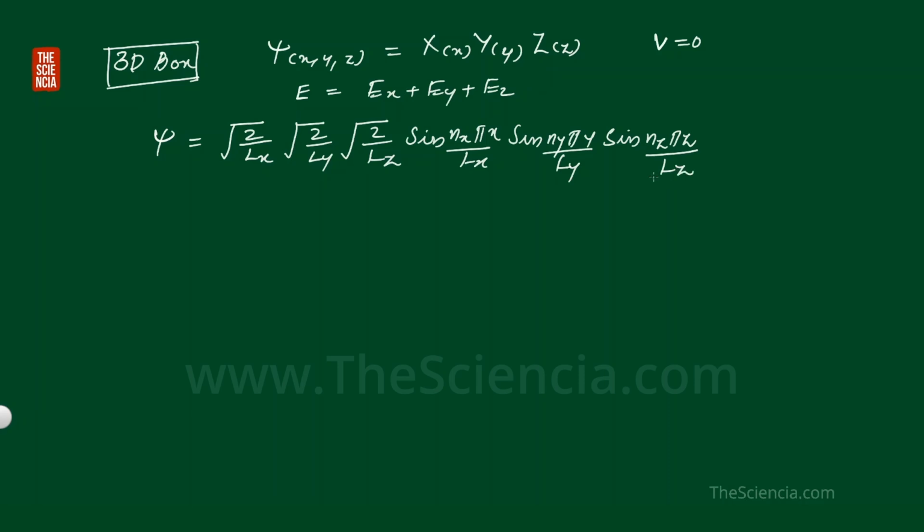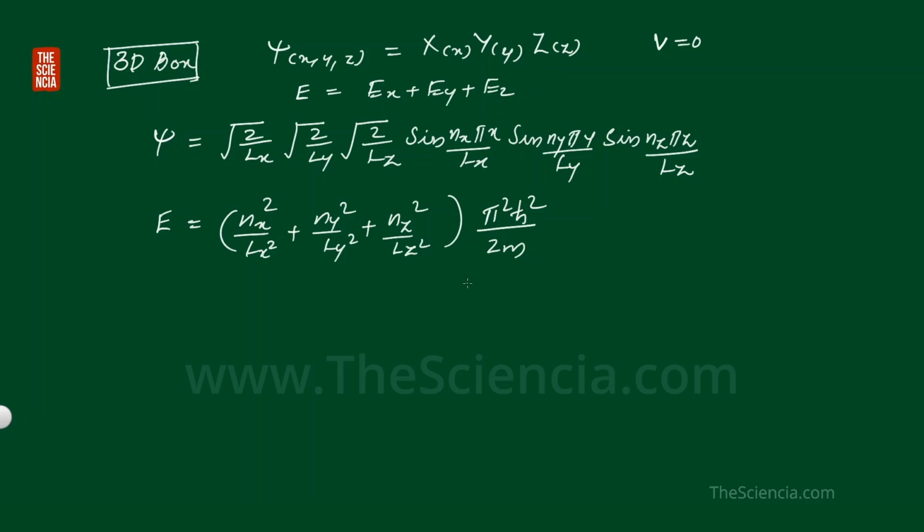And you will obtain the energy E as nx square by Lx square plus ny square by Ly square plus nz square by Lz square, into pi square h square by 2m. This is the expression for the wave function and energy of a 3D box.